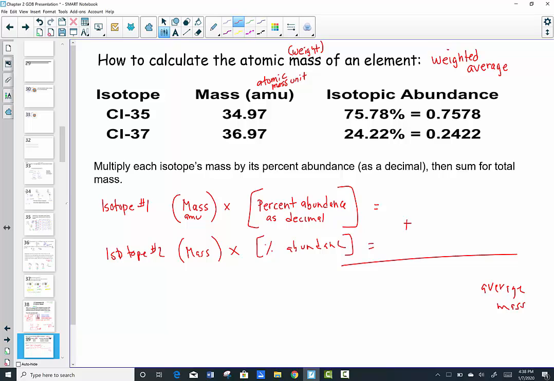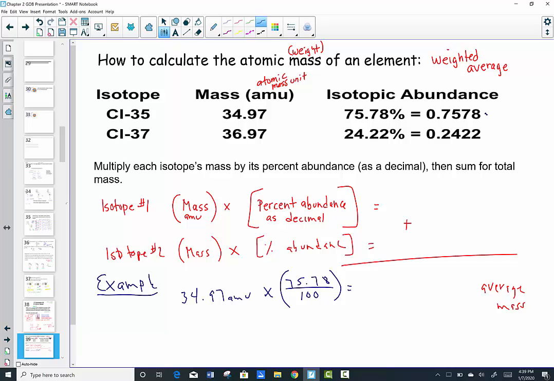Now let's model this with some actual numbers this time. Isotope number 1. The mass of the isotope for chlorine-35 is given as 34.97 AMUs. I'm going to multiply that by its percent abundance, 75.78, but notice I need to do that as a decimal, so I'm going to emphasize how we do that. 75.78 over 100 changes the percent sign back to a decimal.